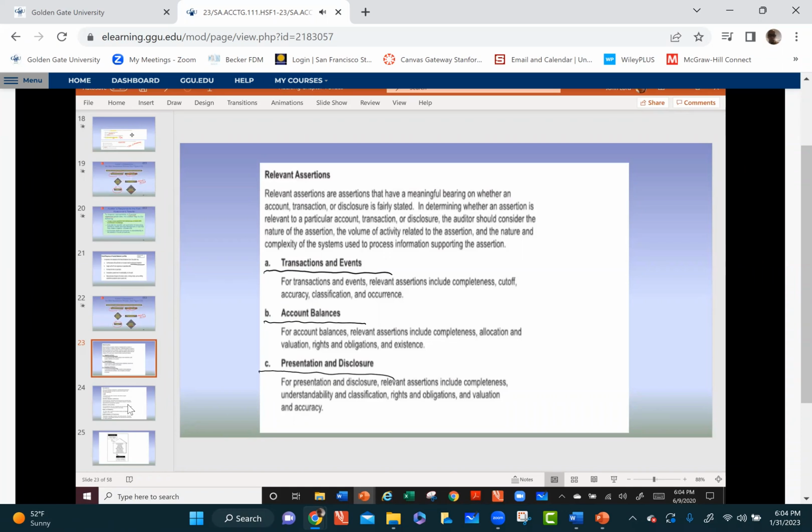Now, when we look at transactions and events, I want you to think of journals, and I want you to think of the current year transactions. So when we're talking about transactions and events, we're talking about journals, we're talking about current year transactions. When we talk about account balances, I want you to think of your ledgers.